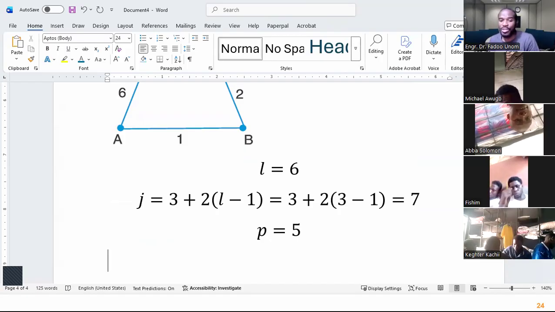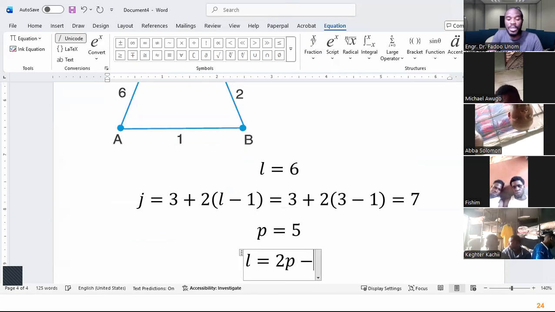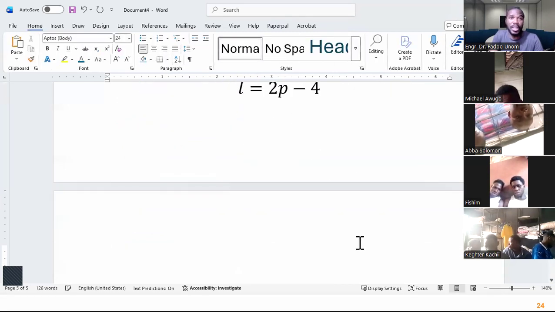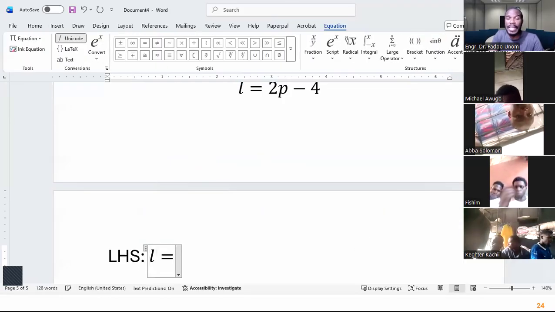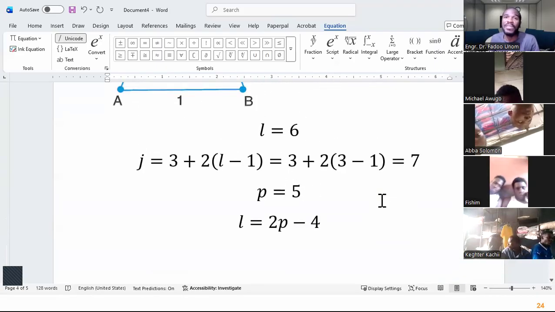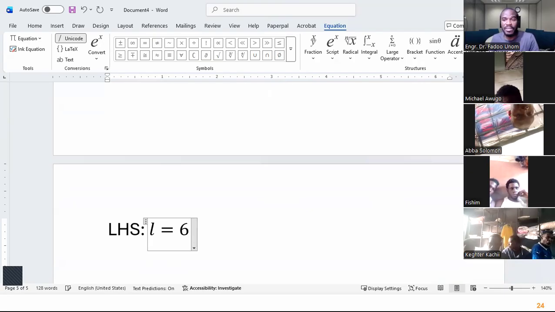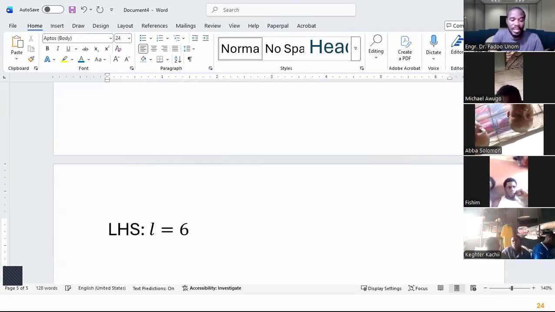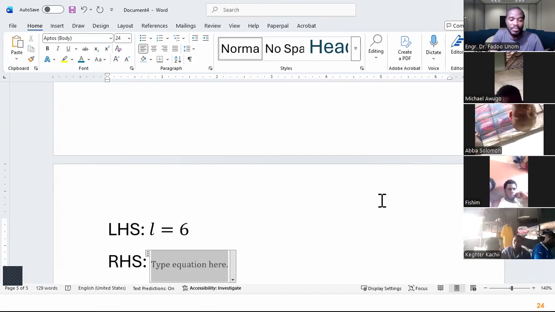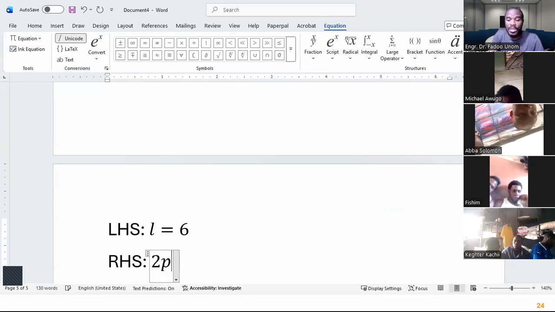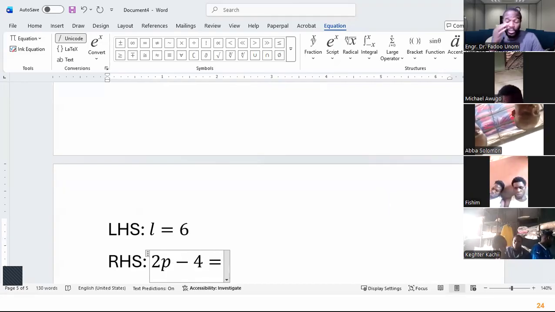We can check to determine the nature of this chain. So we use the equation. The first equation is L equals 2P minus 4, right? Let's check the left-hand side, which says L. How many links do we have there? We have 6 links, right? There are 6 links in that arrangement. Let's check the right-hand side, which says 2P minus 4.